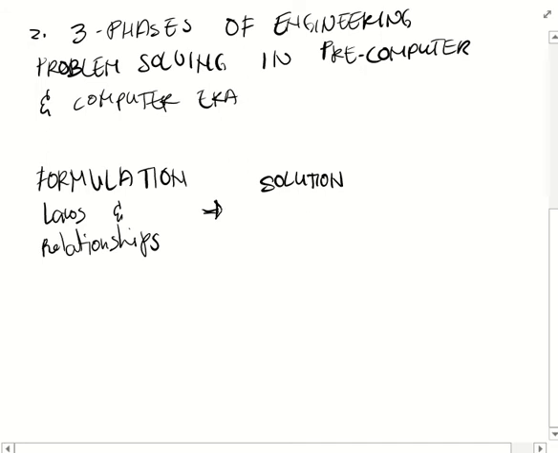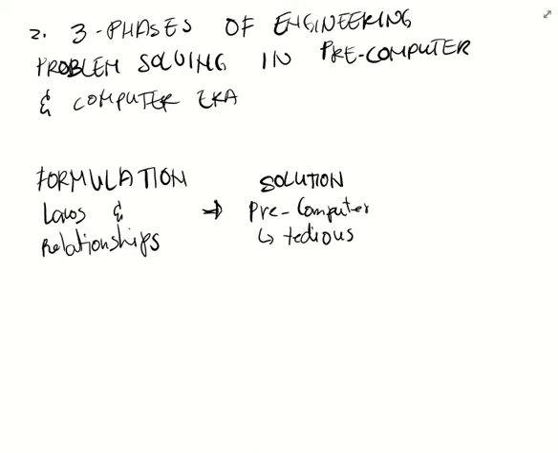So for the pre-computer era, how do we compute them? We don't have computers, so we do it manually. So what will happen? We have tedious computations, a bunch of arithmetic calculations, and so on.